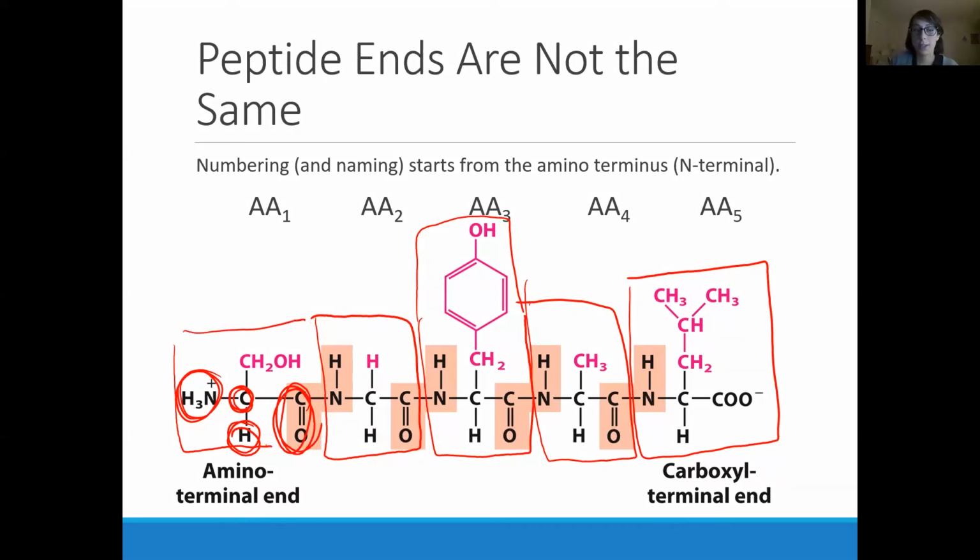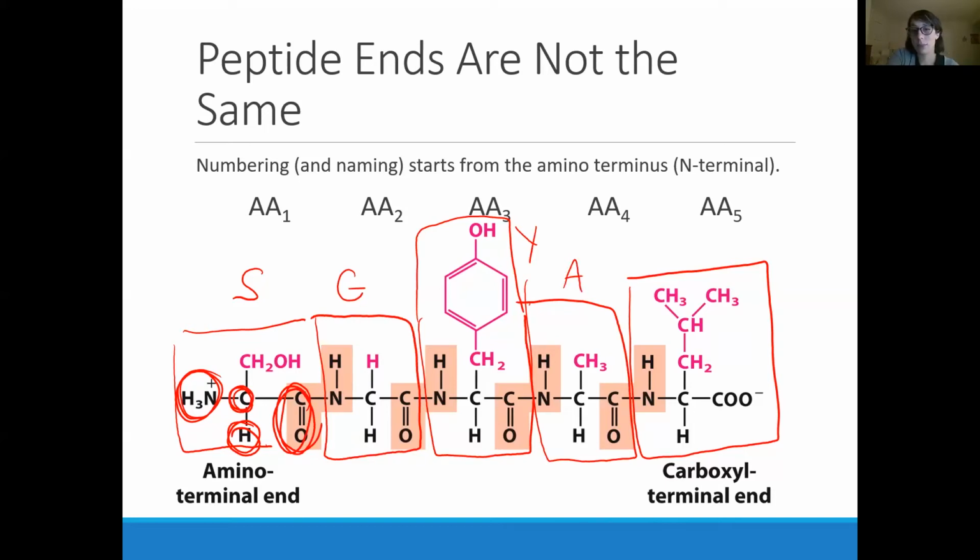So our first one here, the CH2OH, we should know after memorizing our structures of amino acids that this is serine, S. The next one, just a hydrogen, is our simple and first amino acid, glycine, G. The next one, our ring, tire-looking amino acid, tyrosine, Y. The next, just a methyl group, alanine.